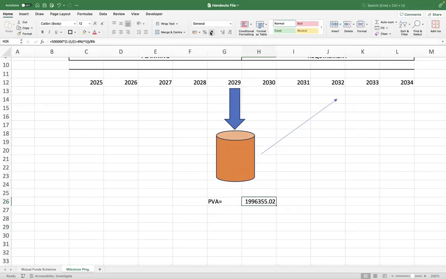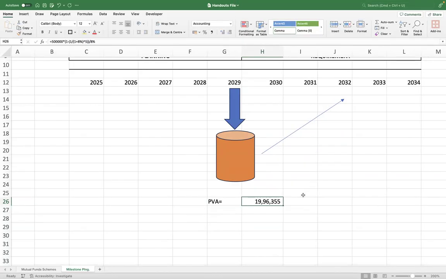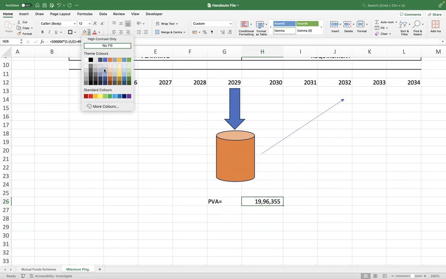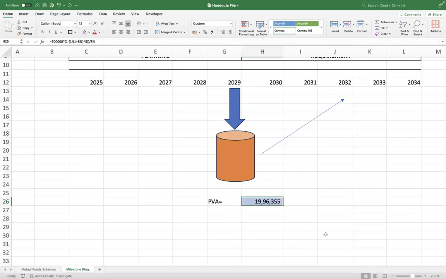So the present value of annuity comes out to be 19,96,355. Am I right? Now you can also find out, if you're not comfortable using the formula, which is natural because you people are in that phase of your life where it's kind of silly to ask you to remember formulas. You can also use a function in Excel which will give you the same result.